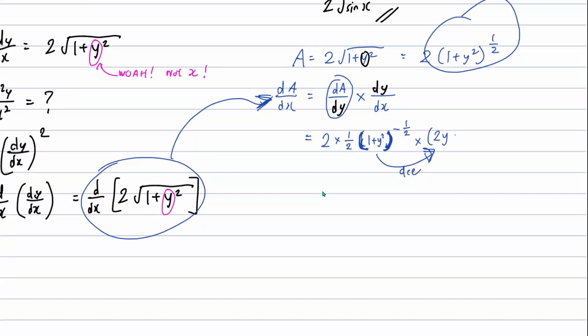2y. But wait, because it's in terms of y this time, it's perfectly fine, because here is with respect to y. So you don't need to include a tail. Sorry, no, don't include a tail. The tail is over here, dy by dx.